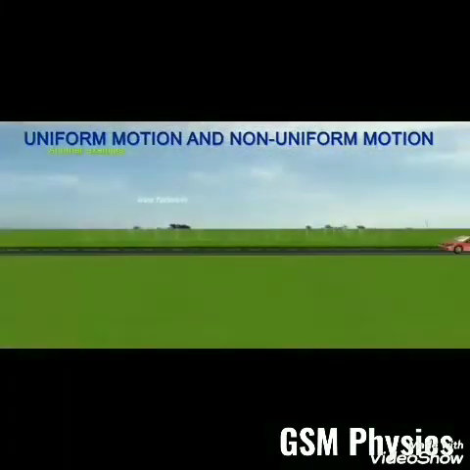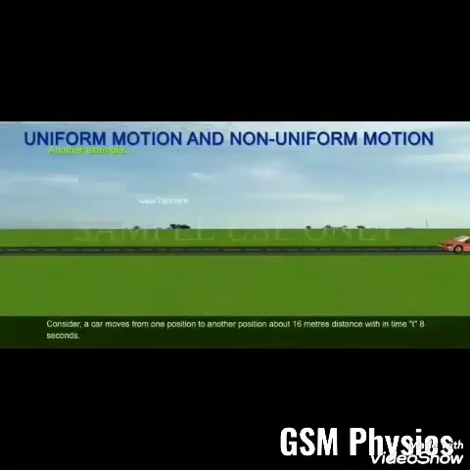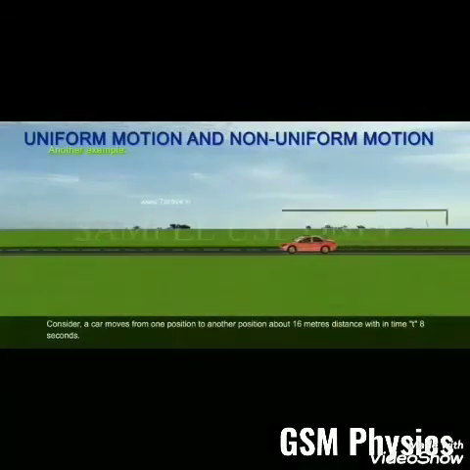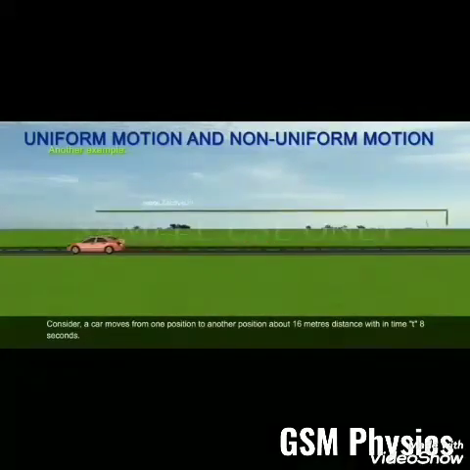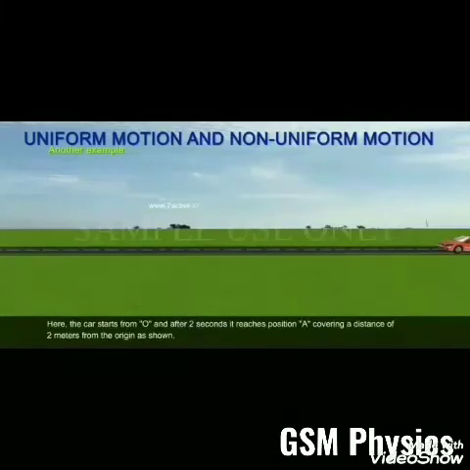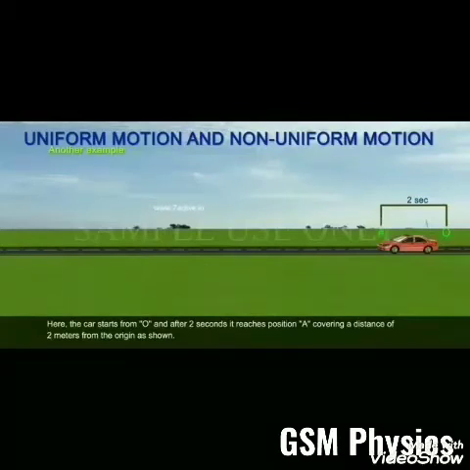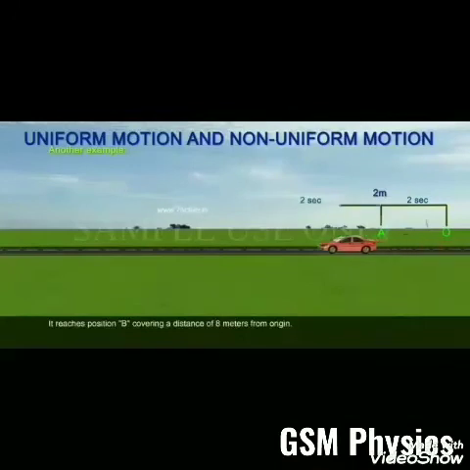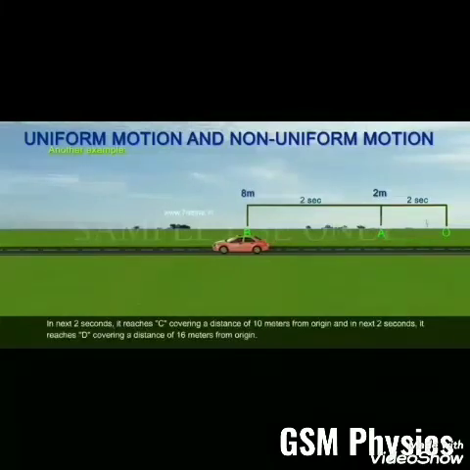Another example. Consider a cord that moves from one position to another about a 16-meter distance in a time of 8 seconds. Here the cord starts from O and after 2 seconds it reaches A, covering a distance of 2 meters from the origin. It reaches position B covering a distance of 8 meters from the origin.